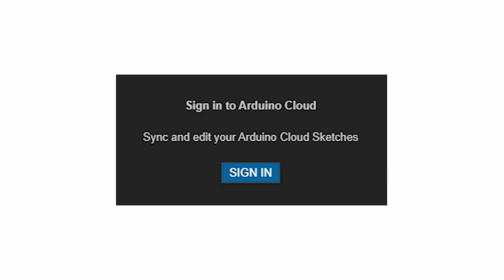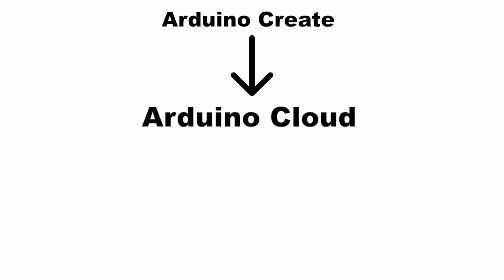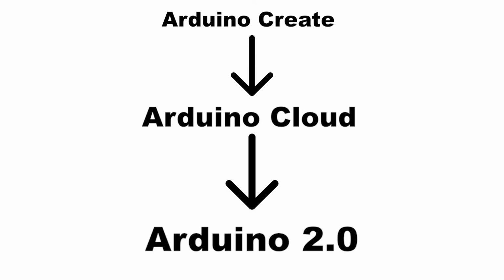If you sign in to the Arduino Cloud, all your files will be automatically transferred there. So the transition was never easier actually. It's nice that they are trying to make this network, Arduino Create connected to Arduino Cloud, and it's all connected to the Arduino 2.0 now, but in real life it's not that great.